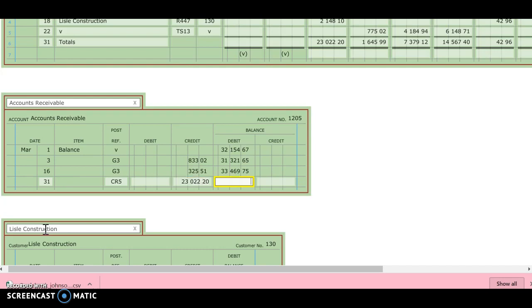And I need to find my new balance. Okay, my new balance then is going to be $10,447.55. Account number 1205 is going to go back up. I'm going to start with my parentheses. Okay.